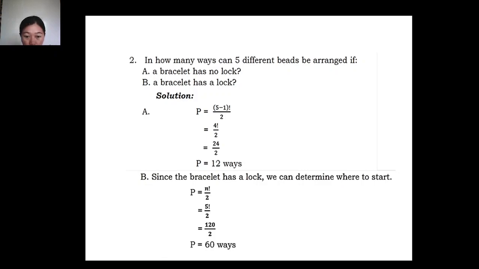Dividing it by 2 gives us a permutation which is equal to 60, or we have 60 ways that 5 different beads can be arranged if there is a lock. So kung mapapansin nyo, kapag may lock, mas marami yung arrangement or permutation. Pero if it is without lock, mas maliit ang number of ways.